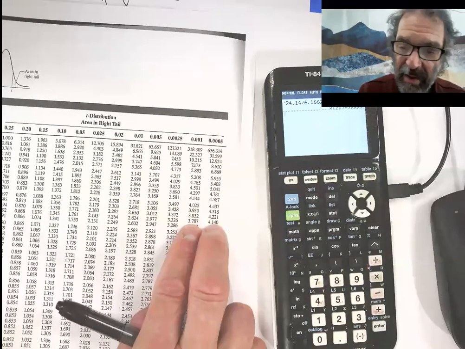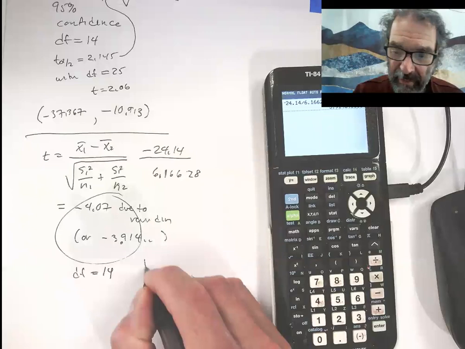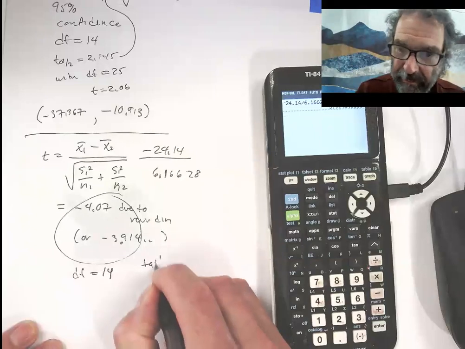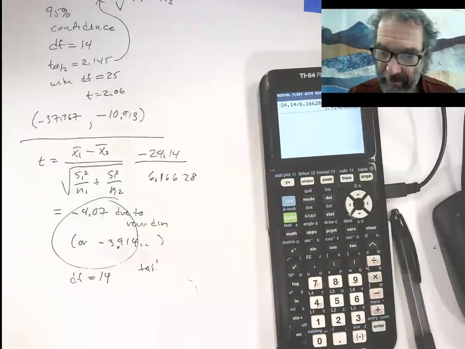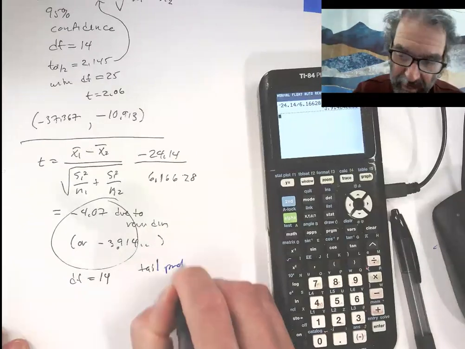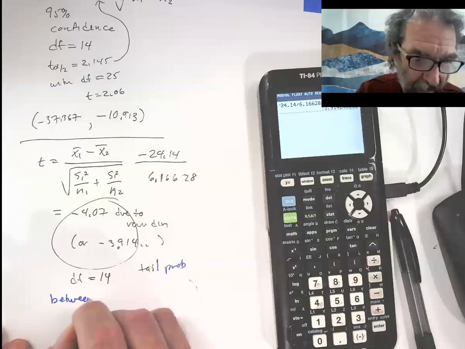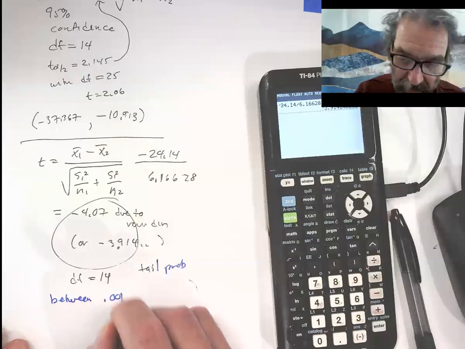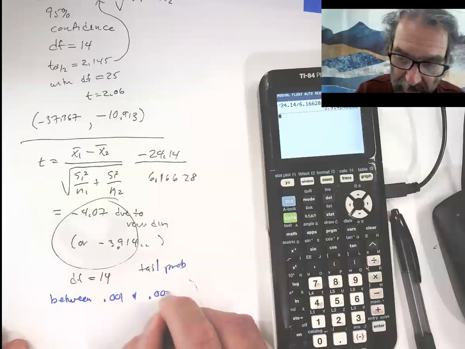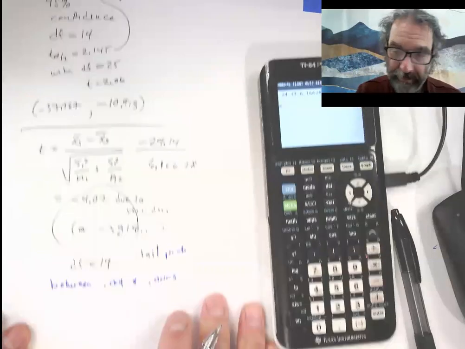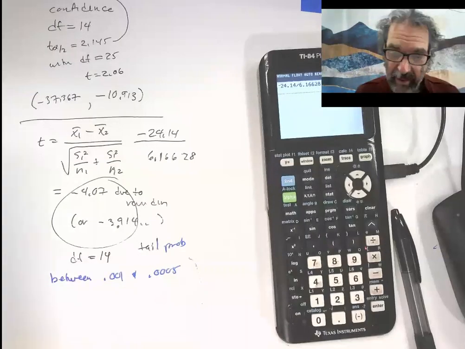I'll write that down. The tail is between .001 and .0005. So I'll make sure that's right. So we're in degrees of freedom 14.